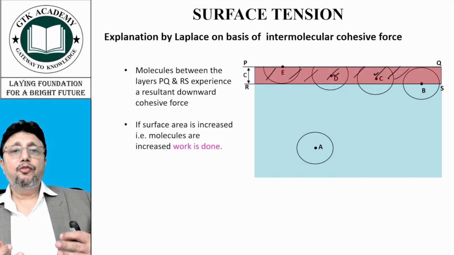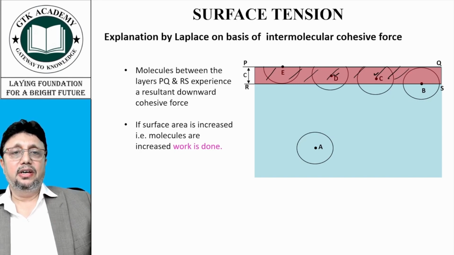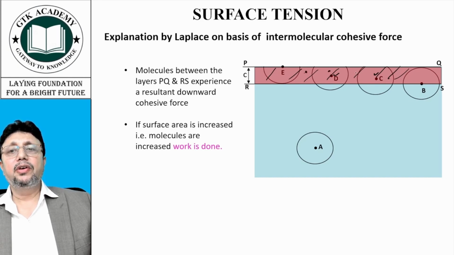Now, what happens if you increase the surface area? Then molecules have to come to the top, anywhere between these layers, and work has to be done, because when a molecule goes above the B position, there is a resultant force downwards.